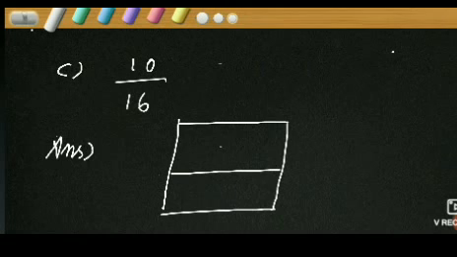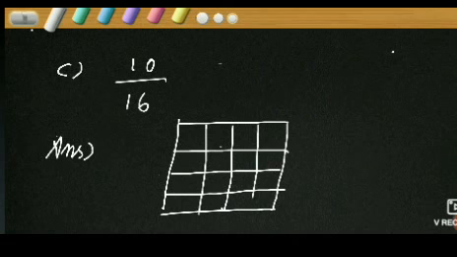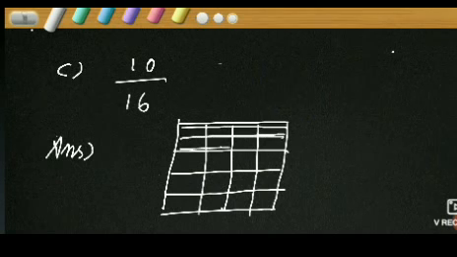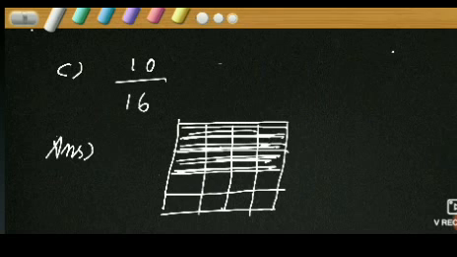Yes, first we have to draw the given figure. This is a square that has been divided into 16 equal parts. Among these, how many need to be shaded? Yes, we need to shade only 10. For convenience, let me shade like this, but you can shade as per your wish, no problem.